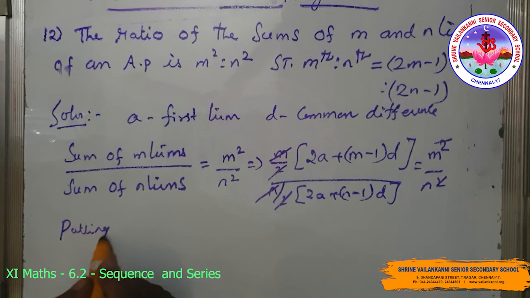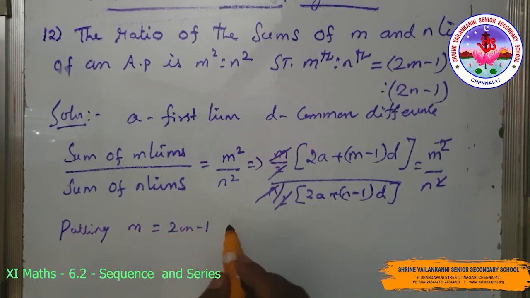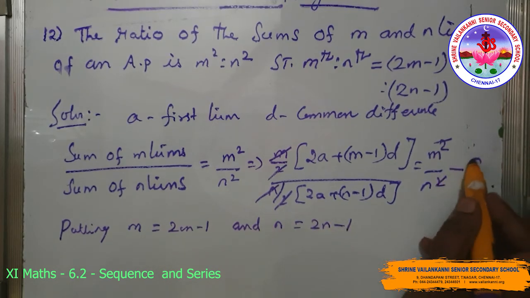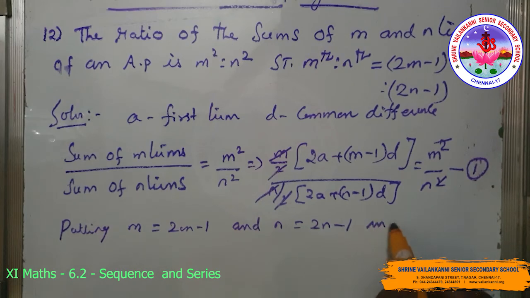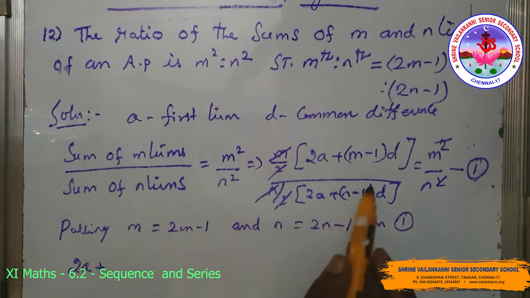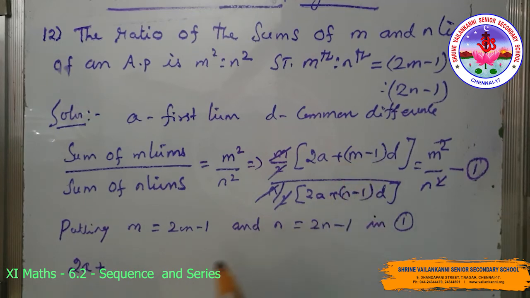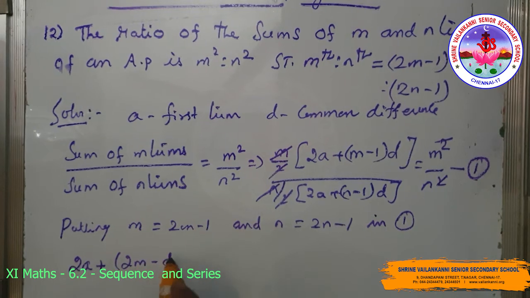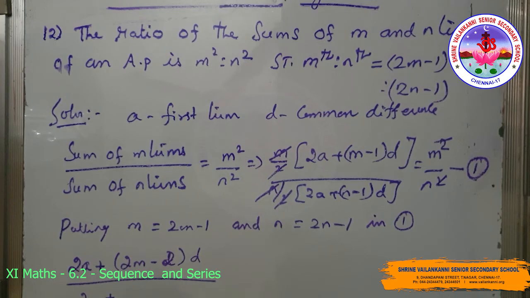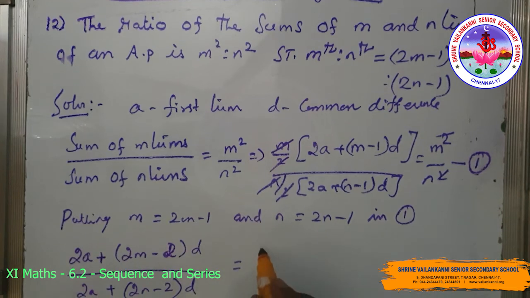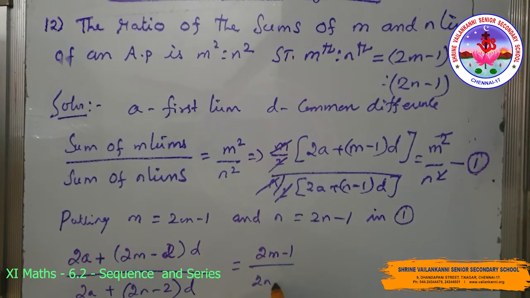Putting m equal to 2m minus 1 and n equal to 2n minus 1 in this equation. So in the first equation, putting m as 2m minus 1, we get 2m minus 1 minus 1, so 2m minus 2. So (2a + (2m - 2)d) / (2a + (2n - 2)d) = (2m - 1)/(2n - 1).